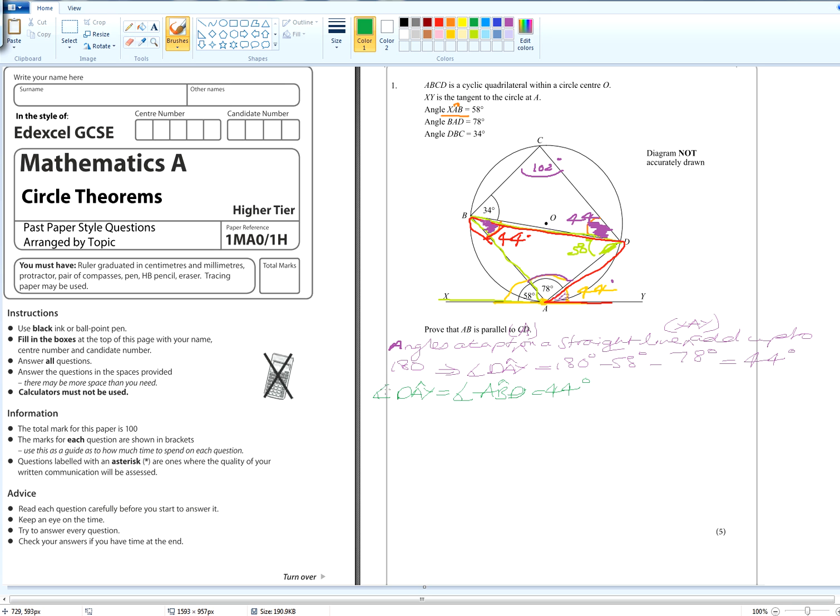We have to write down that rule now. The angle between tangent and chord equals the angle. We have to write that rule down. Okay, here. The angle between a tangent and a chord equals the angle in the opposite segment.